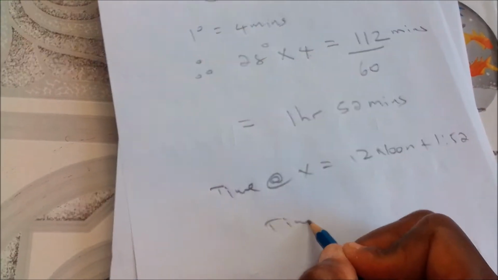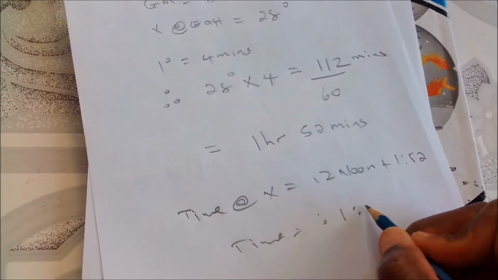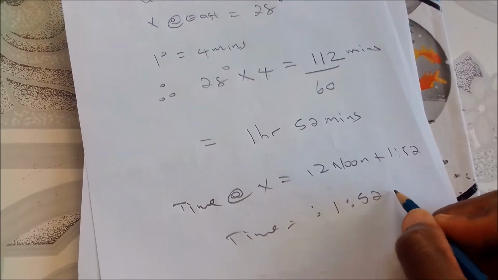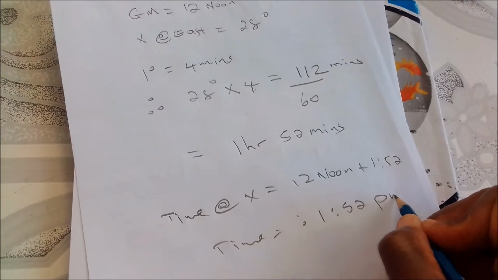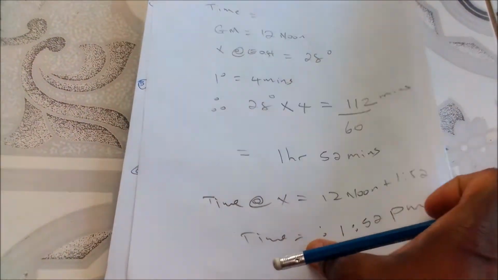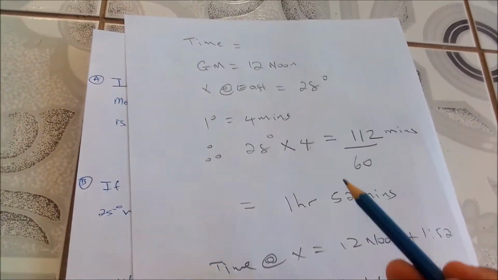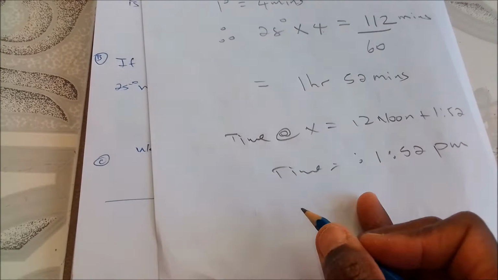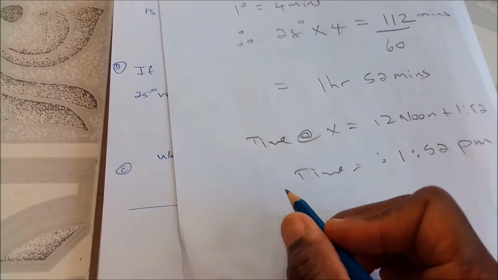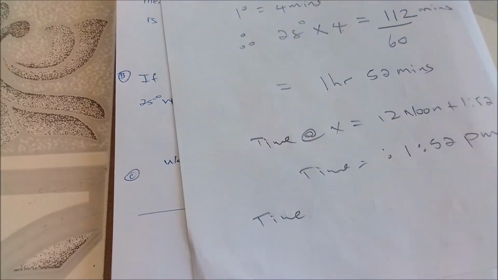Time equals 1:52 p.m. Okay. Now, if I was moving west, I would have, and this is moving east. This is how I calculate it, moving east. Now, if I was moving west, I would say time at X one.